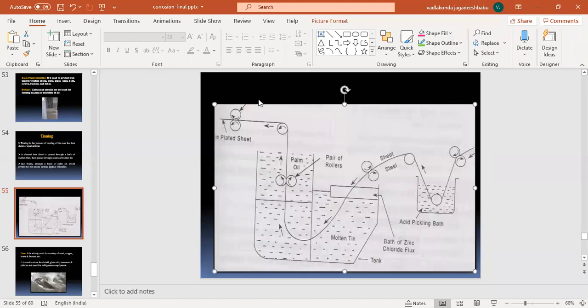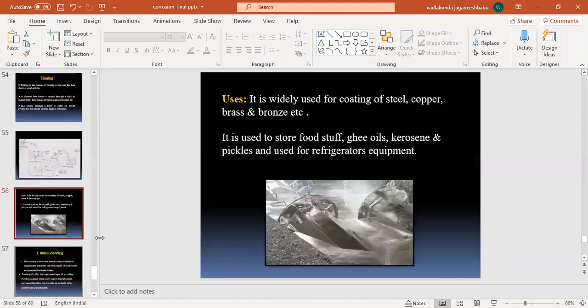Generally we call some containers tins. Tin means nothing but a coating of tin on the iron or steel. It is also widely used for coating steel, copper, brass and bronze. And all these tinned sheets will be used for storing foodstuff, ghee, oil, kerosene, pickles, and also used for refrigerator components.